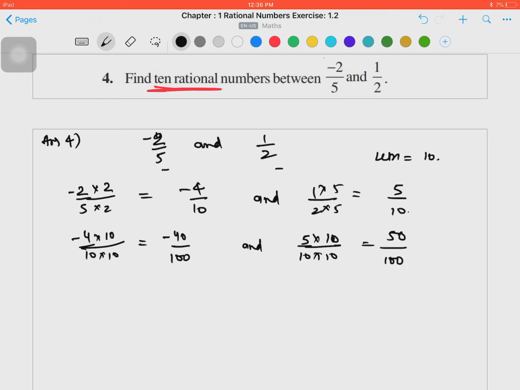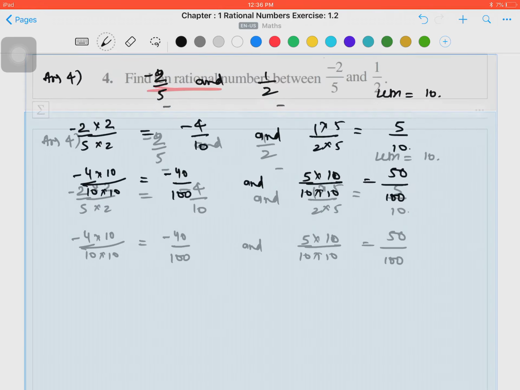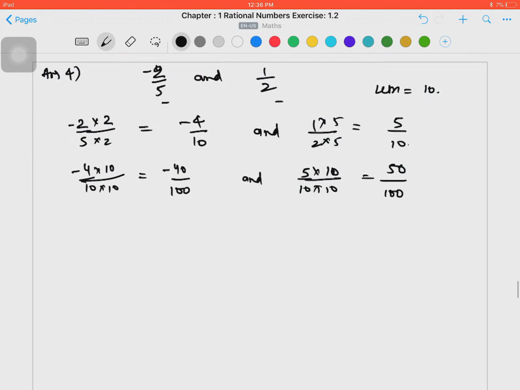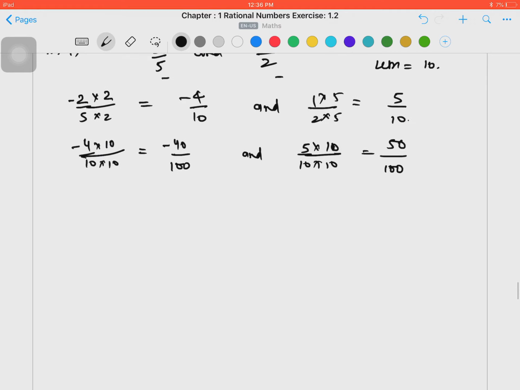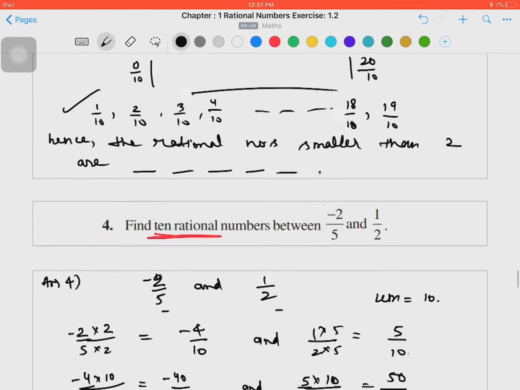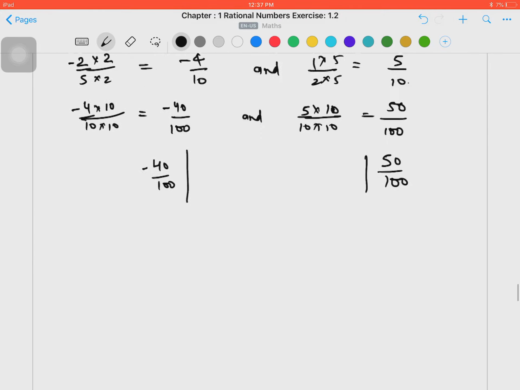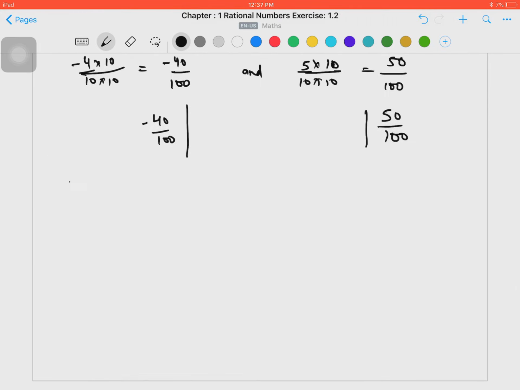Now the gap between the two numbers has expanded. So the numbers are minus 40 by 100 and upper number is 50 by 100. Okay. Now you can easily write even more than 10 numbers between these two.